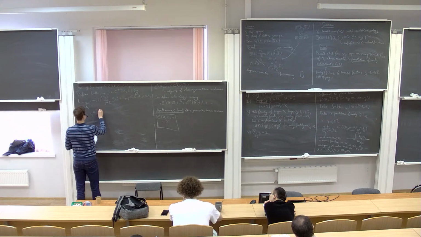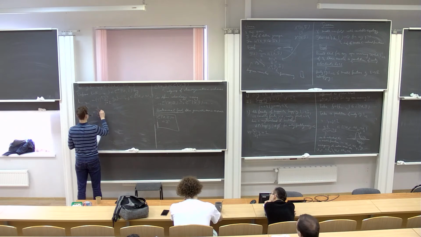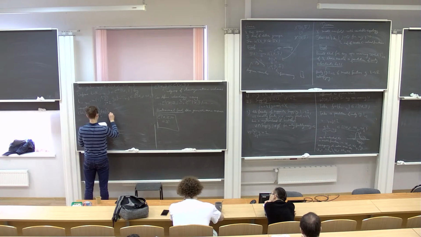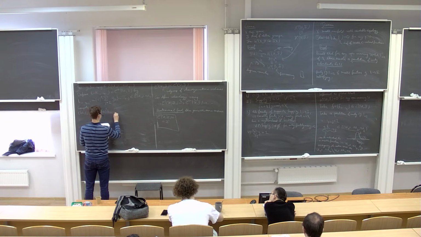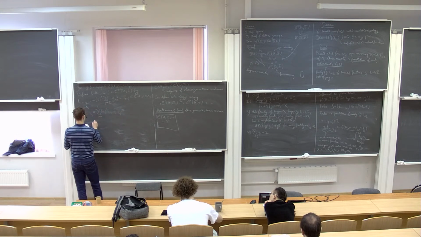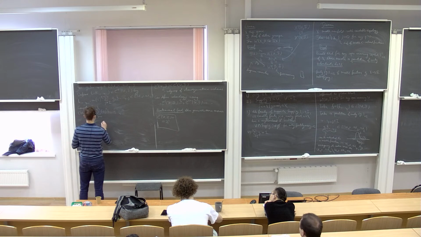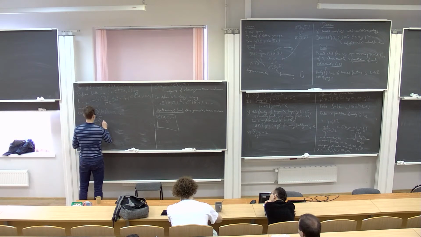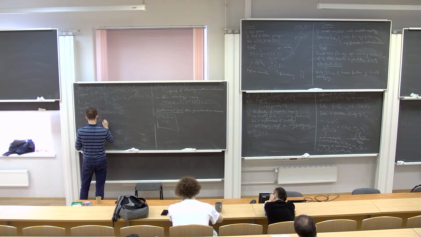Okay, just by definition, the sum over k from 0 to q minus 1 of (-1)^k h I0 ... Iq minus 1.